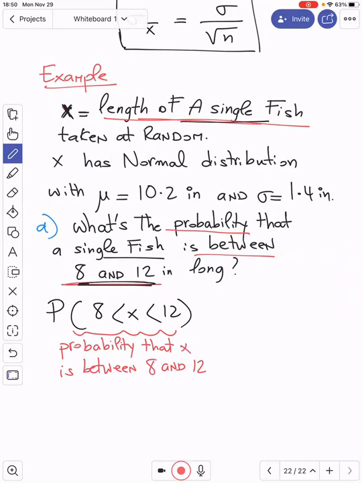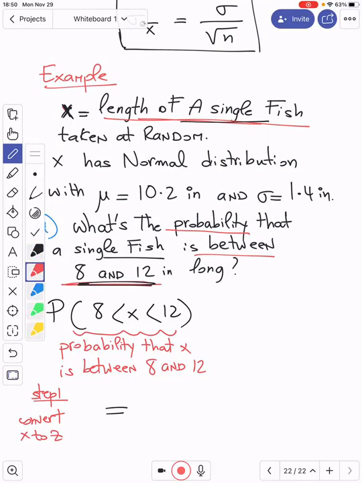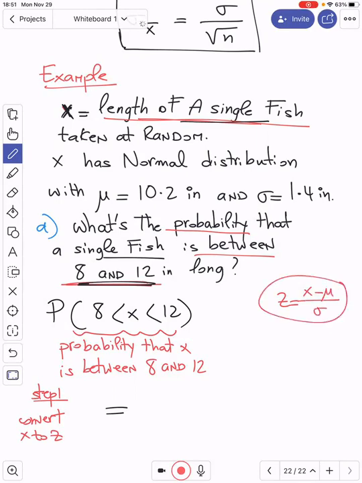So we said, first, as step one, we need to convert X to Z. Just to remind you of the steps. Your Z is the variable of the standard normal distribution, of course. So Z is X minus mu over sigma, right?